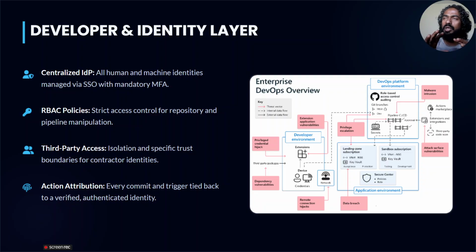What they look into is who can commit code, who can approve merges, and who can trigger a pipeline. Identity in this case must be centralized, enforced with MFA, and tightly scoped. And if developers have any excessive rights here, the rest of your controls are just decoration. It's not going to be helpful for you.